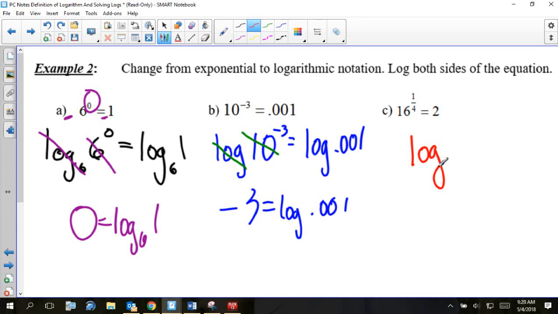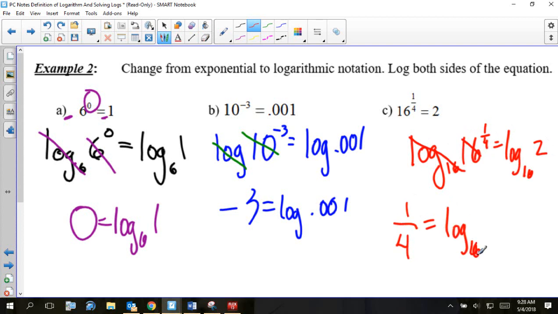What base am I using? Log base 16 of 16 to the 1/4 equals log base 16 of 2. So cancel, we get 1/4 equals log base 16 of 2.